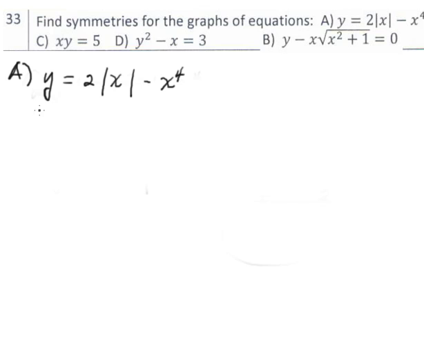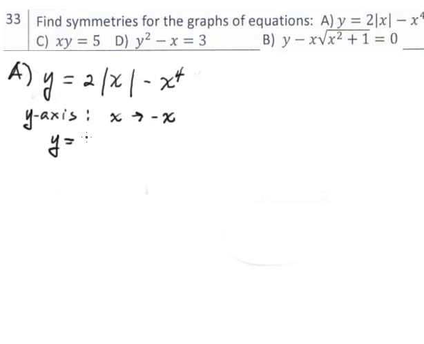I'm only going to demonstrate the symmetries that do exist, not the symmetries that are not valid. So this one is symmetric with respect to the y-axis. And we can see that by replacing x with minus x, and we'll get the same equation.